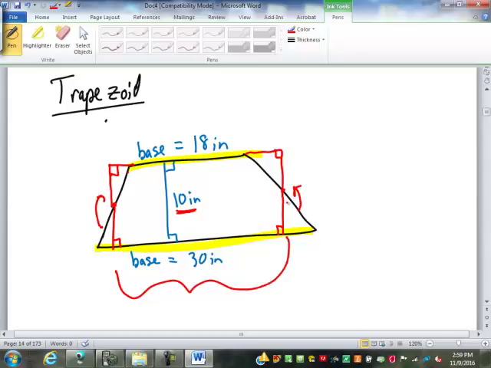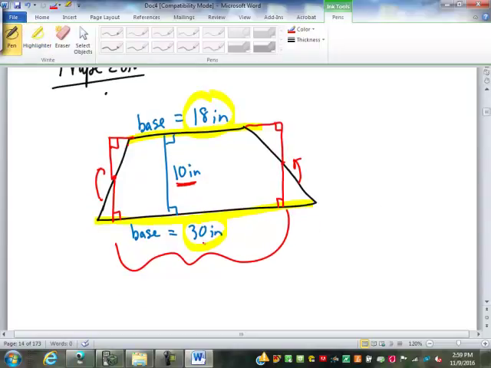The length of that rectangle is between the shorter base of 18 and the longer base of 30. In fact, it is exactly halfway between. So the length of this rectangle that we've created is the average of those two bases. 18 plus 30 divided by 2. So that's the length that we've created here.